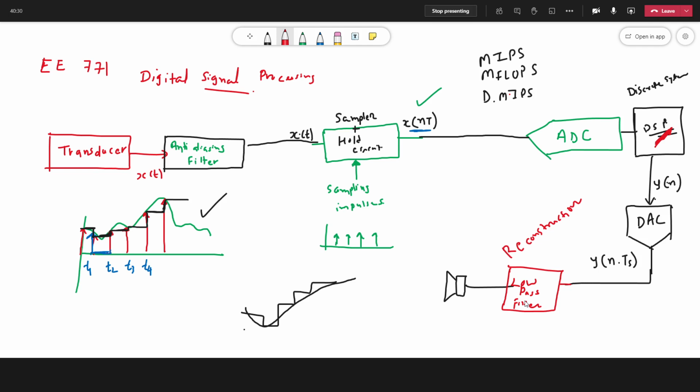So now you know several things. You know several basic things about the signal.